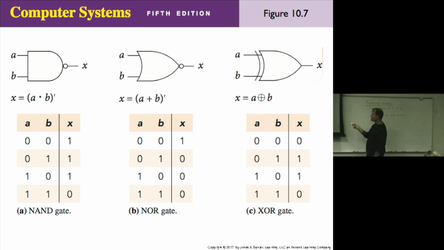And now the last one is an exclusive OR gate. The letters for this are XOR. XOR stands for exclusive OR. There is not an exclusive OR symbol there, but there is an OR symbol. So how do you draw this on your paper?